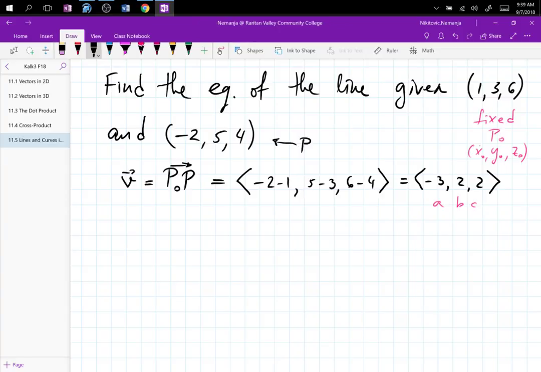Shouldn't the 4 come first before the 6? Because isn't the 6 the next point? Oh, yes, yes. It's 4 minus 6. That's a negative 2 there. Nice catch.